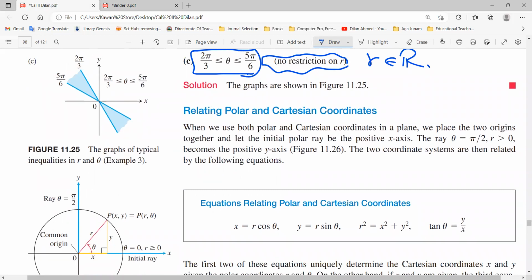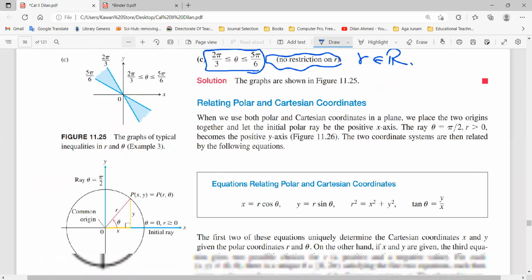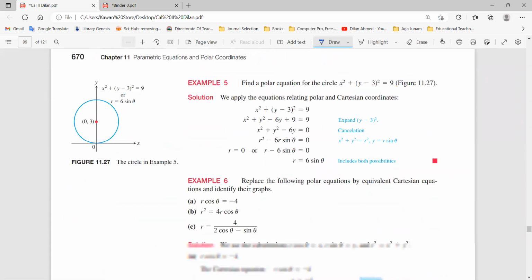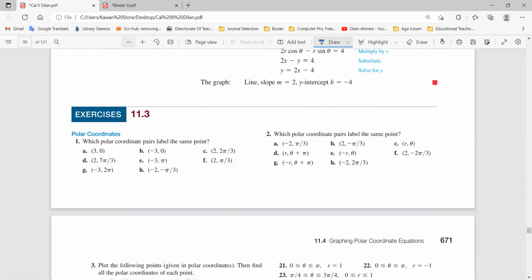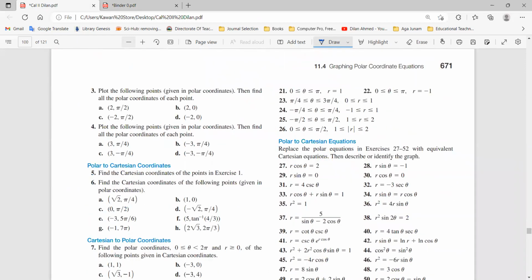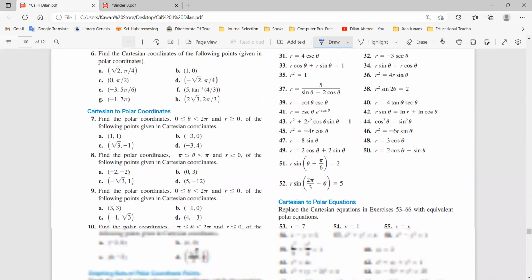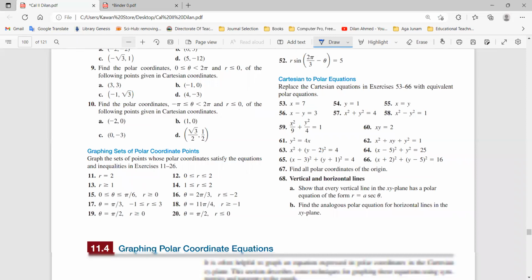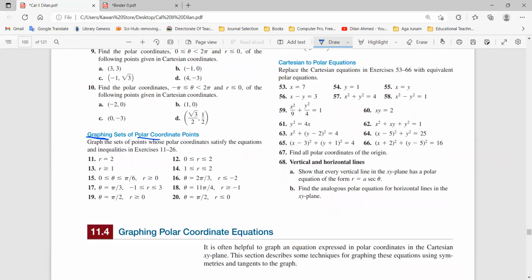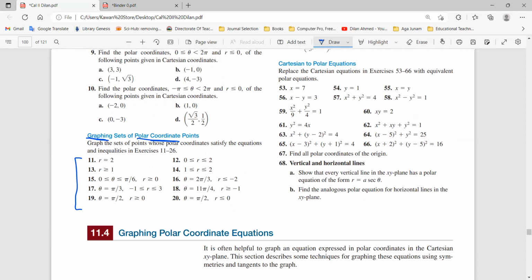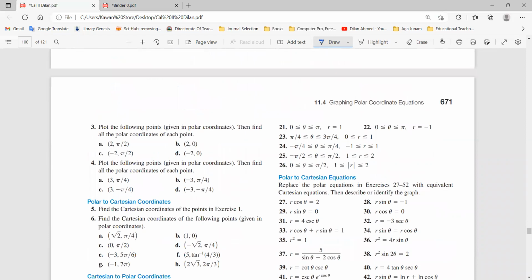So most of the exercises that you have, you can see from here, is manipulating between R and theta. So do not forget about these examples. These are important, and I think in the exercises we select most of them. So kindly try to sketch most of them because they are the same, but the idea is a little bit different.